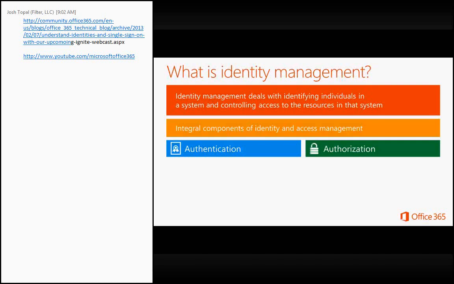And then we've got things like authentication and authorization. Authentication is who you say you are, and validating that. An example of that is obviously your own passport, which validates you are who you say you are. And of course, in the Office 365 scenario it's providing your details, so your UPN, which is your user principal name, and your password in order to validate you are who you say you are.